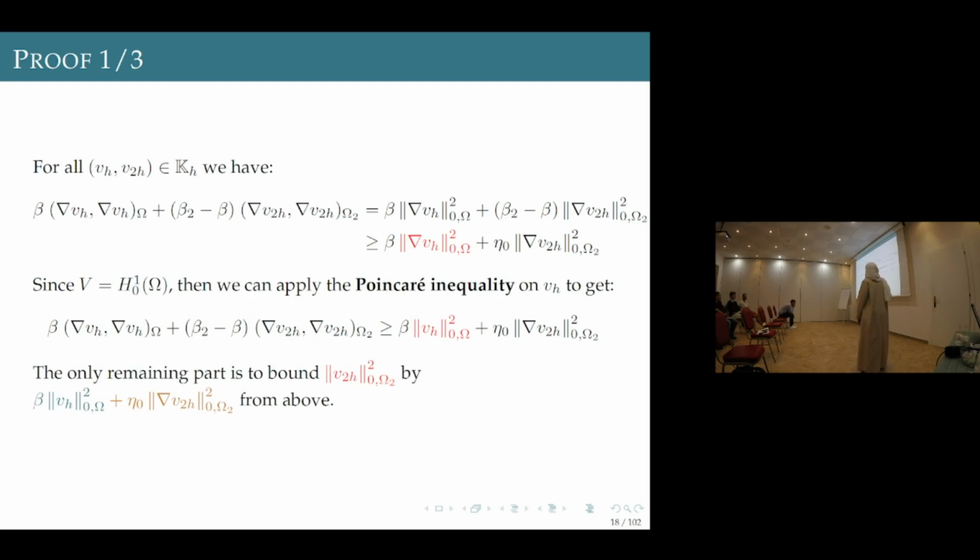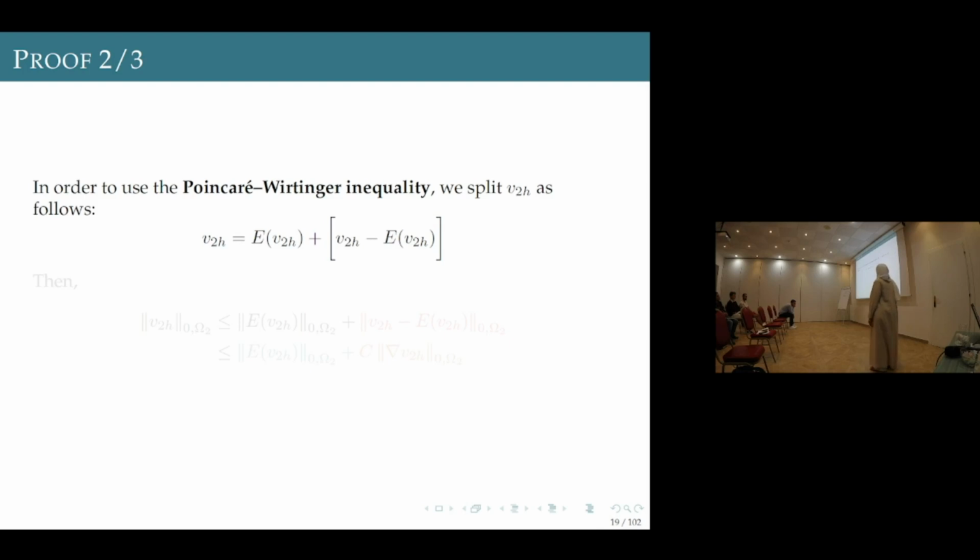The problem here is how to bound this one, because we know V2H is in H1 of omega 2. So we cannot apply the Poincare inequality directly. So the goal now is to bound this term in here, this right-hand side, with the L2 norm of V2H squared. In order to use the Poincare inequality, I will rewrite V2H using the mean value. Here, don't mix up with the notation of Fabio, because here E is the mean value of V2H, so I will rewrite it as the mean value plus whatever is left of V2H.